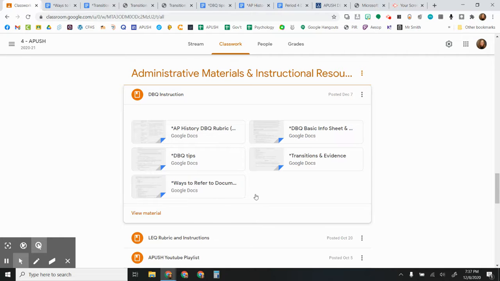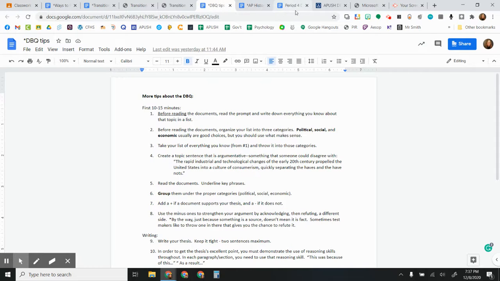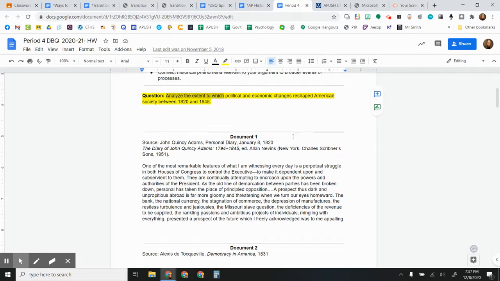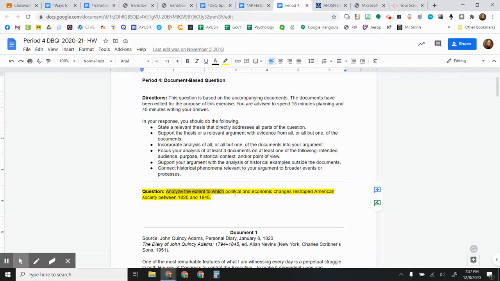So I do encourage you to look through these different documents. And then when you sit down to write your actual DBQ, again, remember, try to figure out your topic, what you're going to write about, what your possible argument is. Deconstruct the prompt before you even look at the documents.